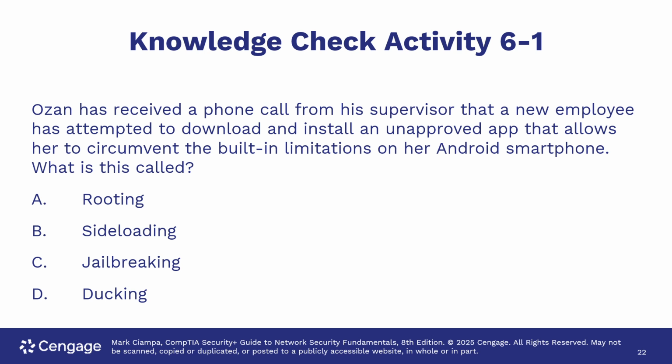Okay, so let's take a look at our first check activity here. We have Ozan, who's received a phone call from his superior that a new employee has attempted to download and install an unapproved app that allows her to circumvent the built-in limitations on her Android smartphone.